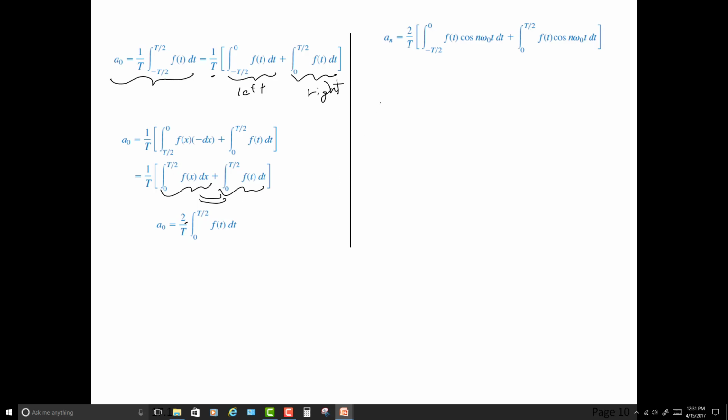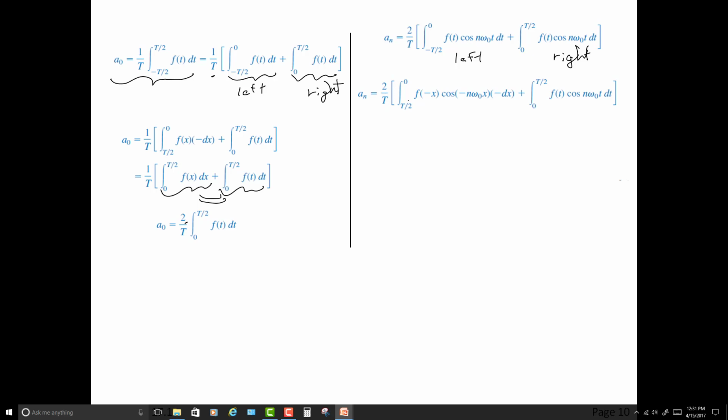Okay? All right, let's do this for an. So an is now, we start with our old formula, but now we've broken it up into two parts, the left half and the right. Okay? And after doing that, we can say that any an is 2 over t. This was all from before, right? From our table of handy integrals.